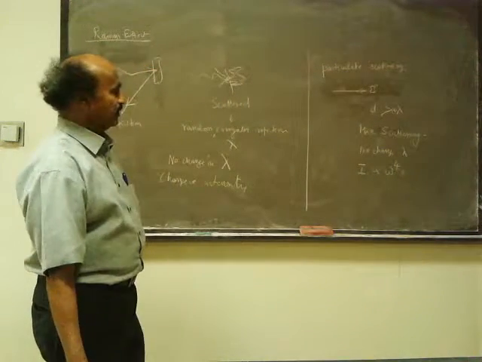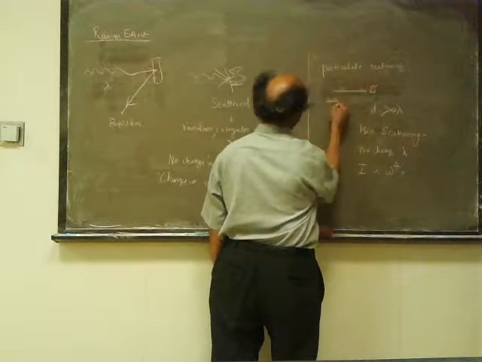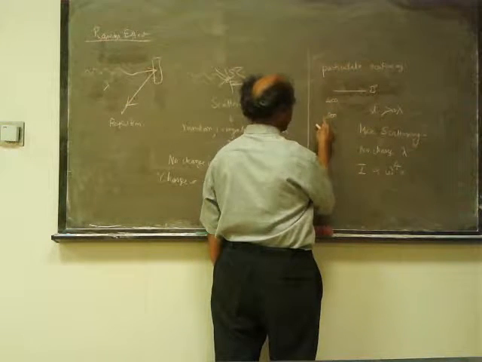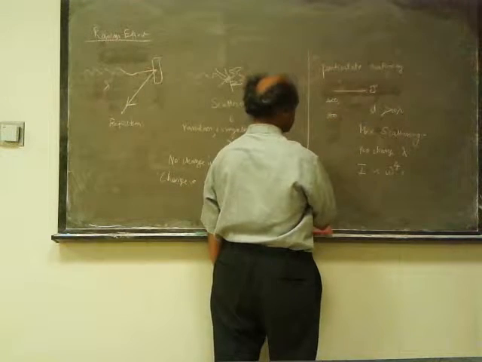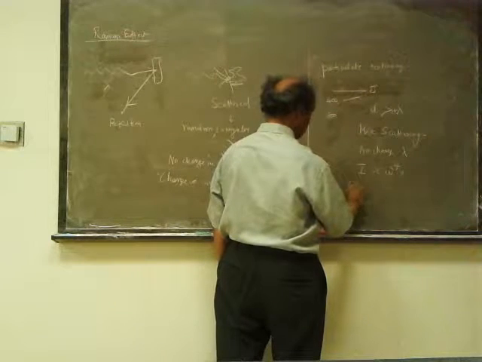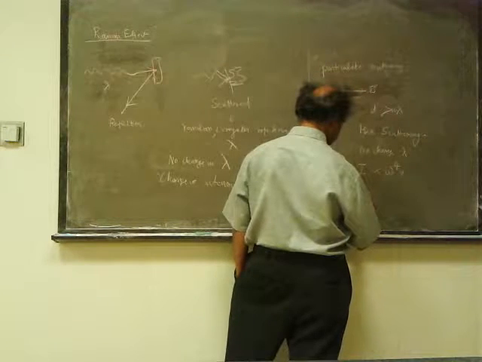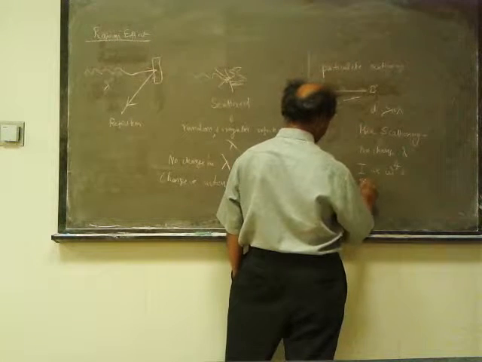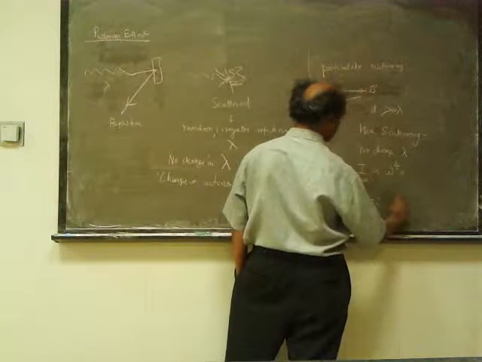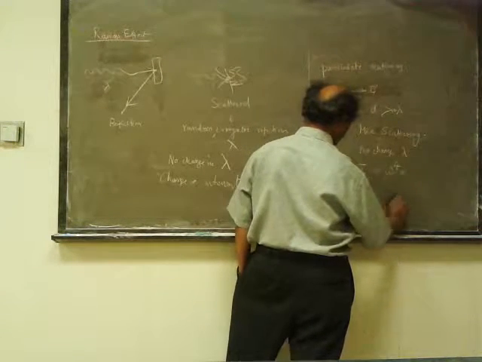That means, if I send light of 400 nanometer and 800 nanometer, this is short wavelength, long wavelength, high frequency, low frequency, then this will get scattered more than this. That is the intensity of scattered light. The intensity of scattered light at 800 is proportional to omega. This will be 2 power 4.